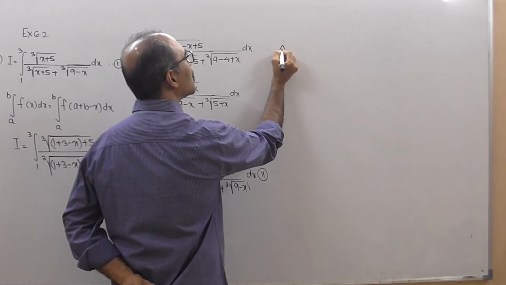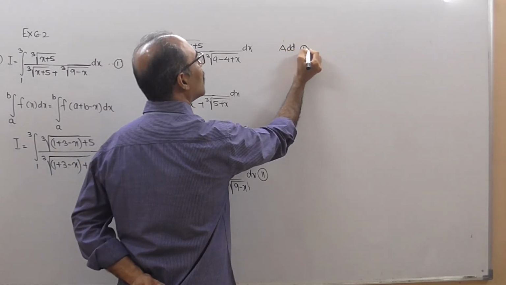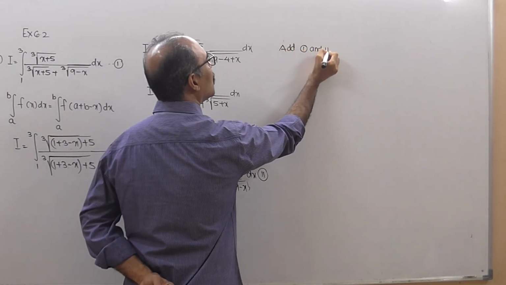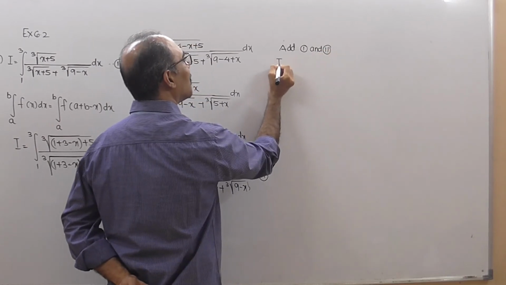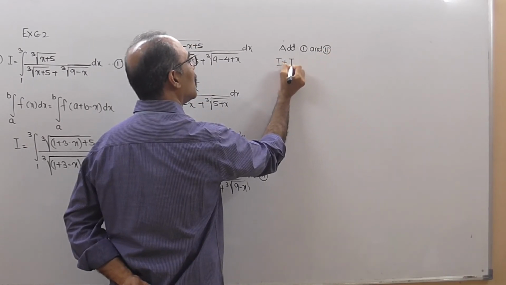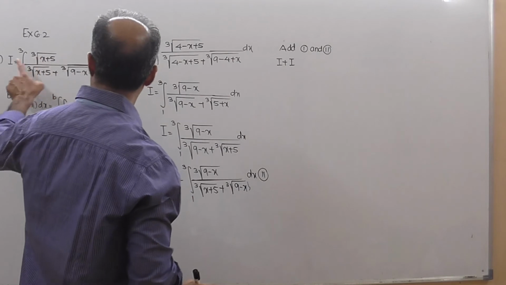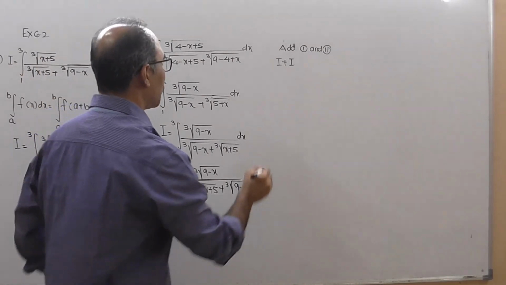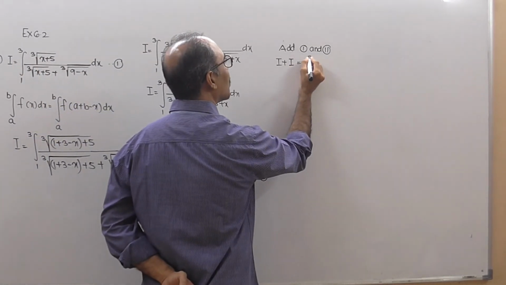Then what you do is add 1 and 2. 1 का left hand side is I, 2 का left hand side is I. Now you add up the right hand side.